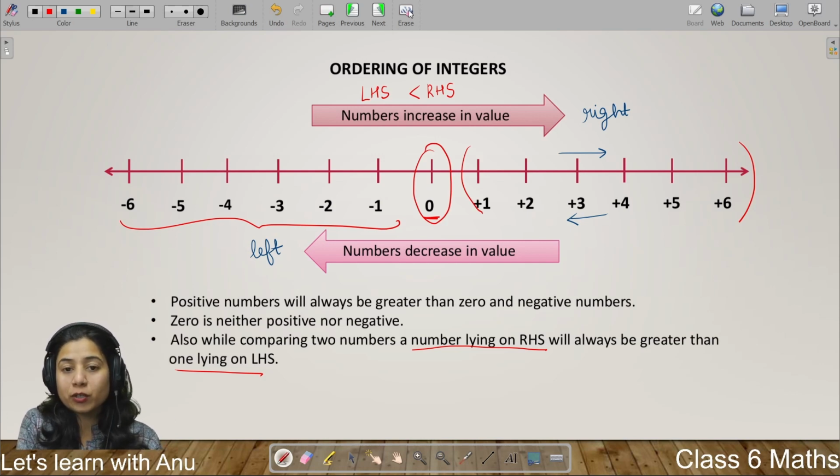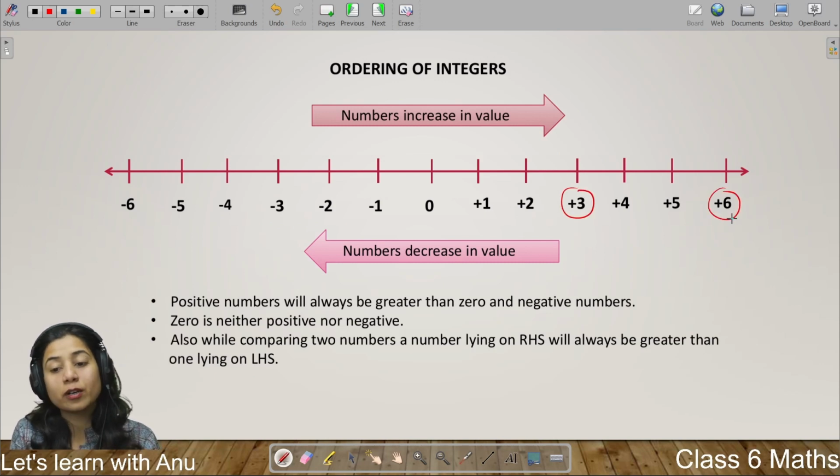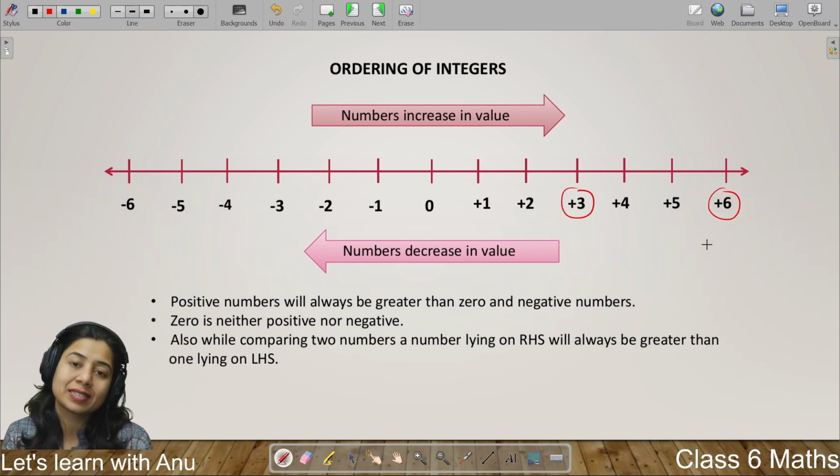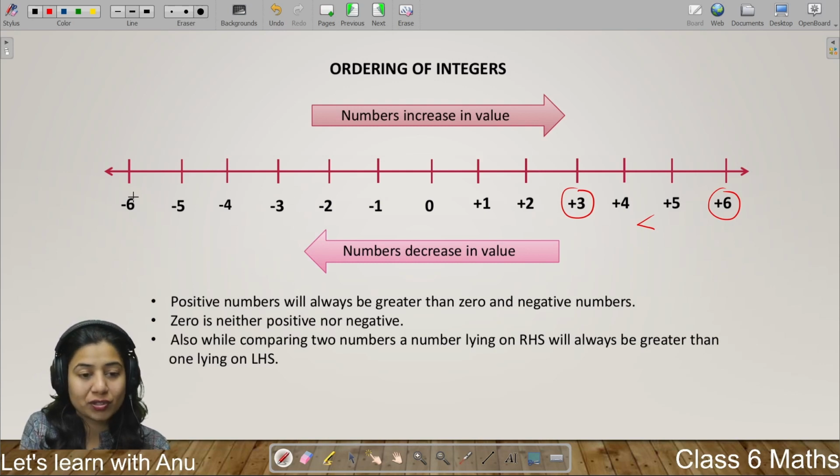Let me explain this again with an example. If we have to compare positive integers, it's quite easy, like 6 and 3. 6 is lying on the right hand side and also we know that 6 is greater. So it's easy to compare positive integers, but we get confused in the case of negative integers, right? Like minus 6 and minus 3.